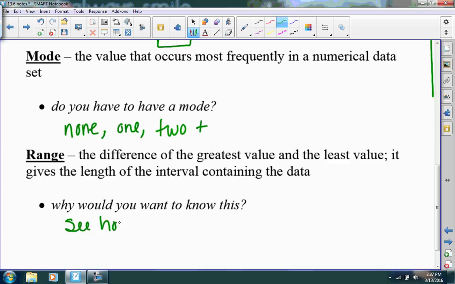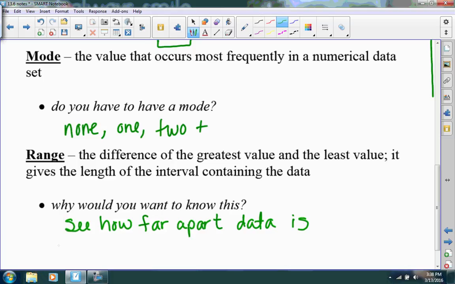That's the main reason you would do this. Sometimes you might be dealing with really big numbers that might be really, really far apart. Sometimes you might be dealing with a lot of little numbers, but they're really only maybe 1 unit apart.